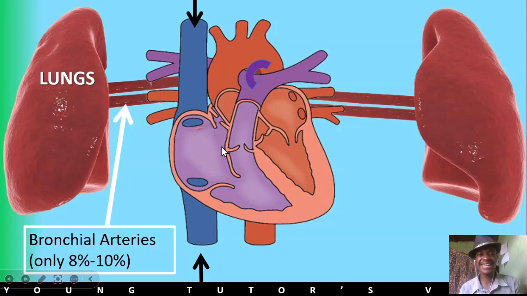Like the vessels in the lungs are constricted. Why? Because of low levels of oxygen. So what we see from here is that only 8 to 10% of the blood in the descending thoracic aorta is going to flow into the lungs to provide nutrients and oxygen needed for the maturation of these lungs here.